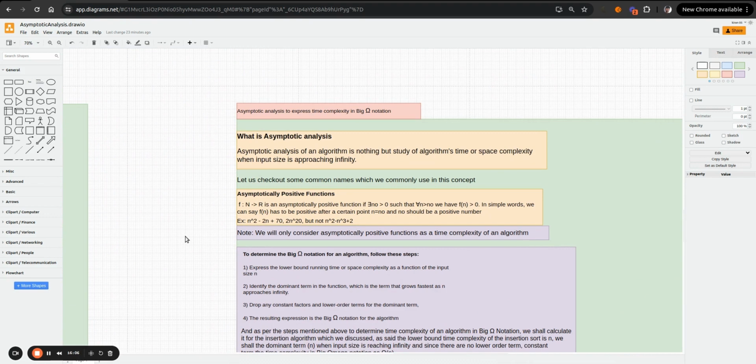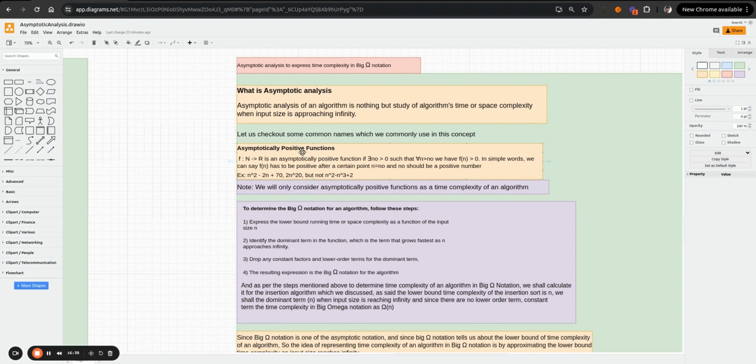Asymptotic analysis of an algorithm is nothing but the study of how the algorithm's efficiency, meaning time complexity or space complexity, behaves when input size is approaching infinity. So the study of an algorithm's time complexity or space complexity when input size is reaching infinity is all about asymptotic analysis.